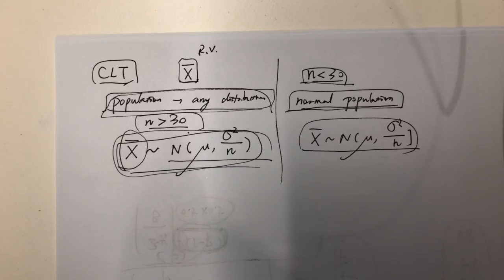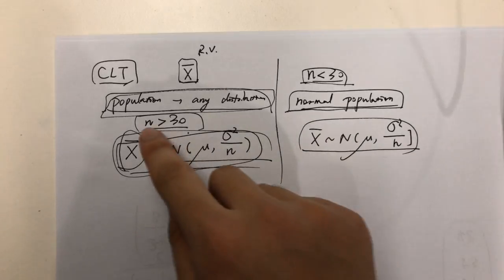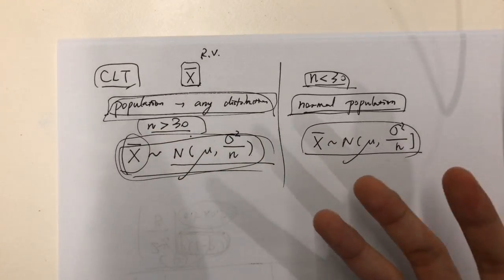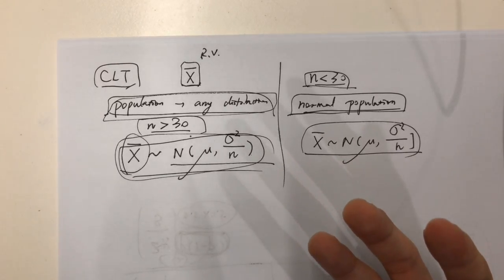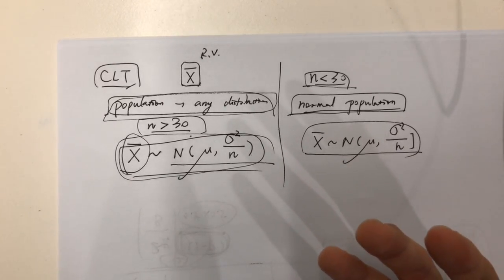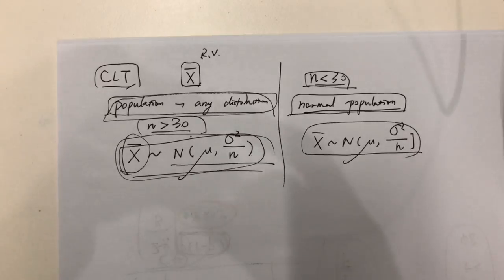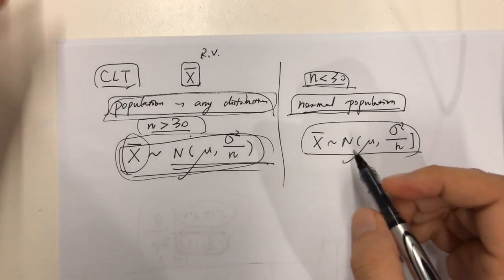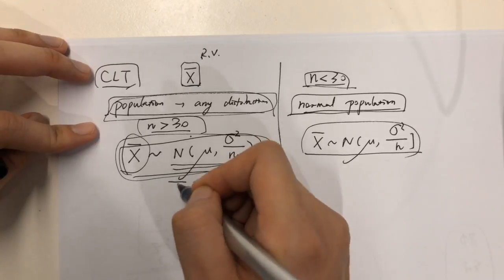Yanran Zhao is asking, if the question does not mention that the population is normally distributed and sigma is unknown, can we use student t? So you need to see if the sample size is greater than 30, right? If the sample size is greater than 30, you can still use the student t distribution. Again, the t distribution is just a more detailed or generalized form of the normal distribution, right?